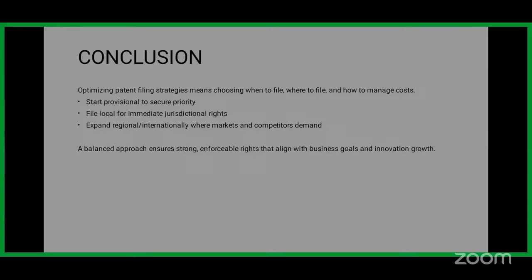Then also it helps you to expand your protection regionally or internationally, and then you can be able to compete favorably in the market. So this is the end of the presentation. Okay, let's move to the next slide to be sure.